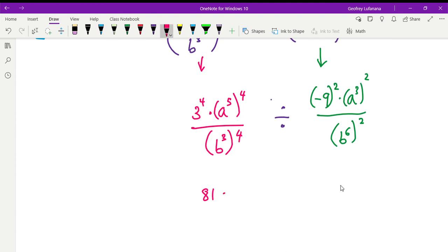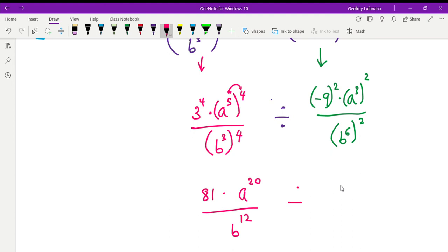Now this is the power rule. A to power 5 to power 4, I will multiply these two powers. So I have A to power 20. And this is over, this is going to be 3 times 4. This is going to be B to power 12. Okay?